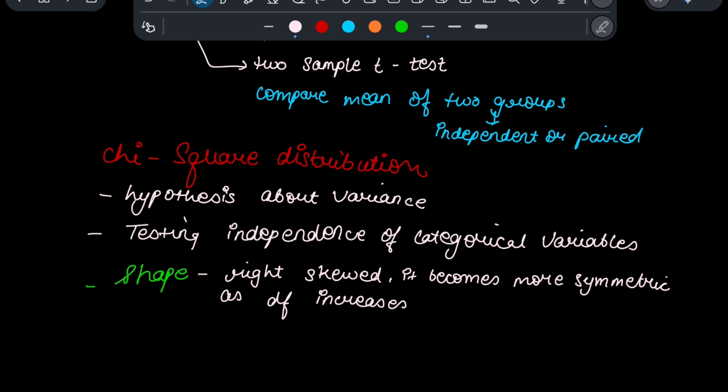Now, talking about the degrees of freedom, in the chi square distribution it depends on the number of categories or the constraints in the test.